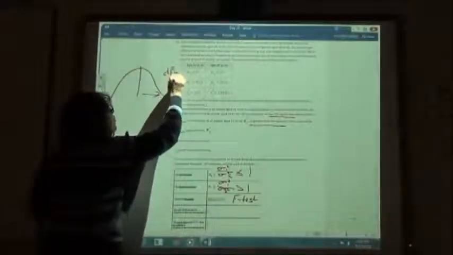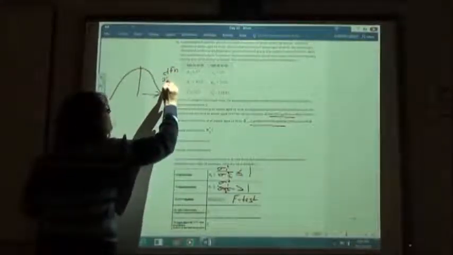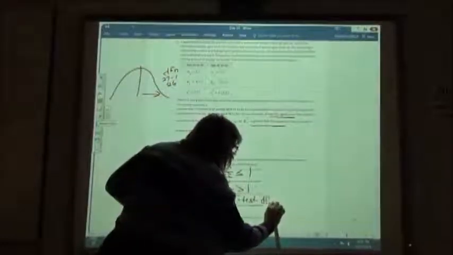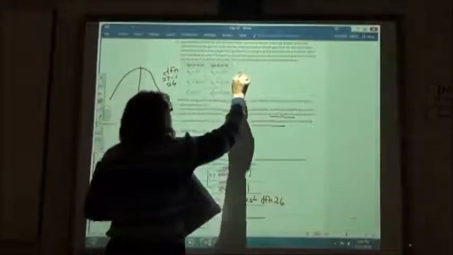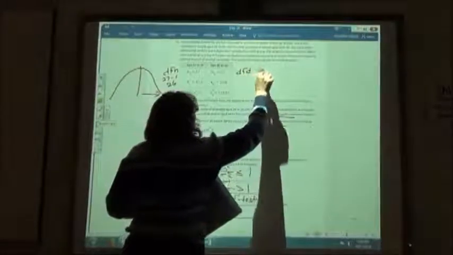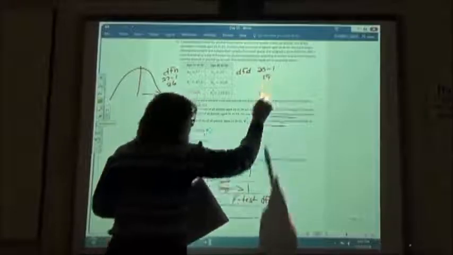Our type of test statistic, we're doing the F test, and we have to find the degree of freedom in the numerator and the degree of freedom in the denominator. So my degree of freedom in my numerator, 27 minus 1 would be 26. My degree of freedom in my denominator, 20 minus 1, which would be 19.